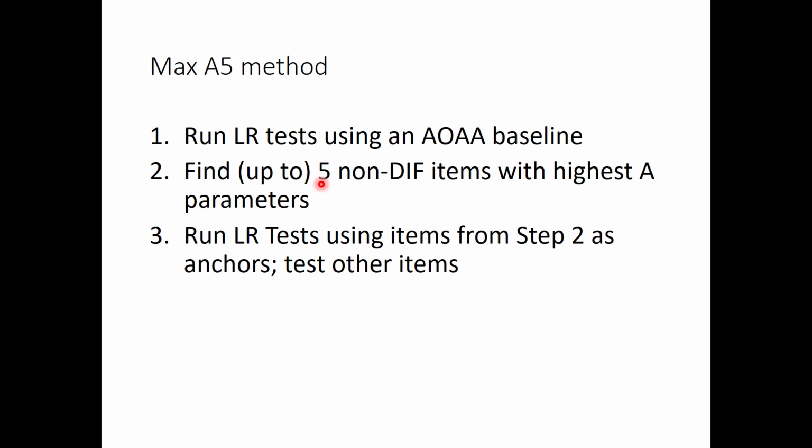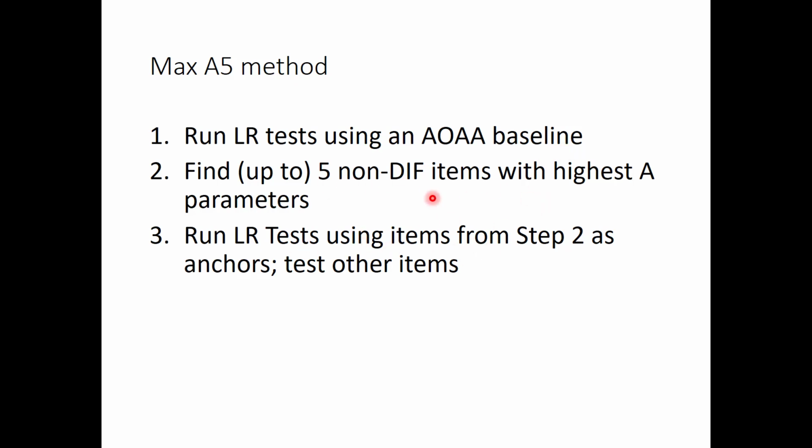They're assumed to be diff free. So don't take all the items that come out as not having diff after the initial run, because some of those we know are going to be errors, right? They're going to be essentially like false negatives. And so we only want to choose the smallest number we have to get good linking.